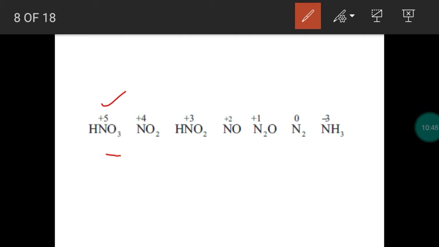So the oxidation state will reduce because it gains electrons by the reduction process. Nitric acid gains electrons due to reduction but induces oxidation on another substance. So the oxidation state of nitrogen in nitric acid will slowly decrease. And these are all one more questions: what about the oxidation state of nitrogen in different compounds like ammonia, nitrogen, nitrous oxide, nitric oxide, nitrous acid, nitrogen dioxide? All these are one more questions.